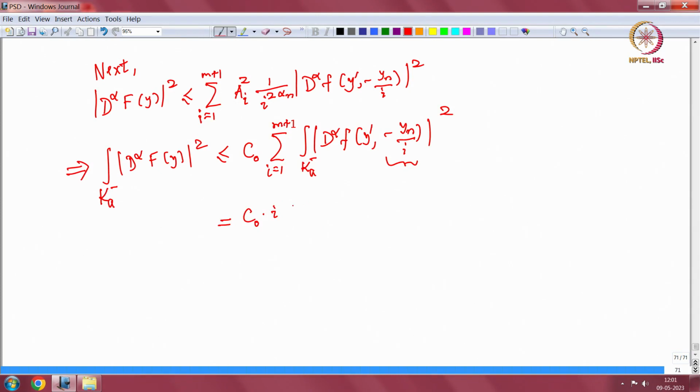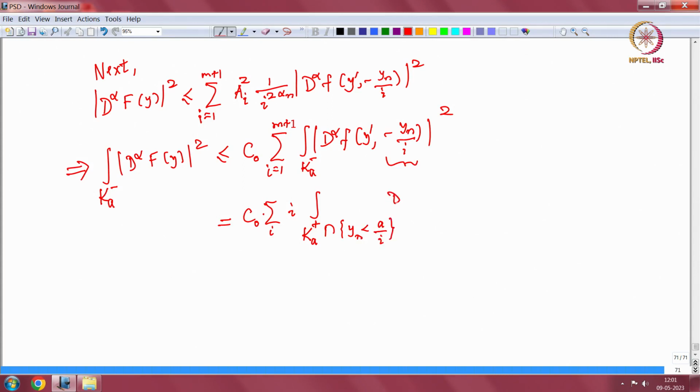Okay. So this integral, okay, too many things. Just verify these things. This is not hard. So now it becomes k a plus intersection y n is less than a by I. Okay.